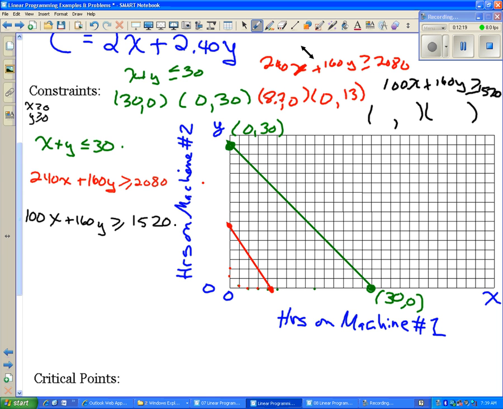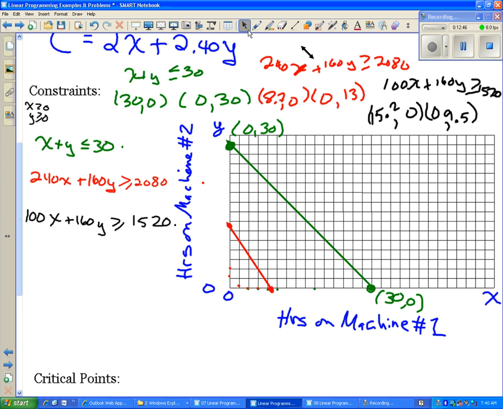Plug in 0 for y: 1,520 divided by 100 is 15.2. Then plug in 0 for x: 160y is greater than or equal to 1,520, so 1,520 divided by 160 is 9.5.